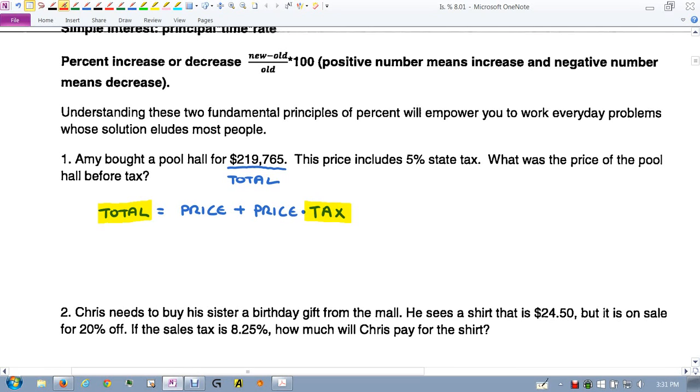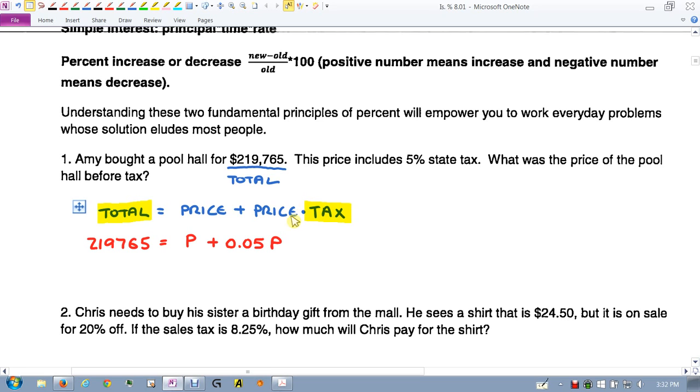So let's just fill in the things that we know. 219,765 equals the price, can we call it P, plus the price times tax. The tax was 5%, but we always want to use the decimal form, 0.05, so 0.05P.